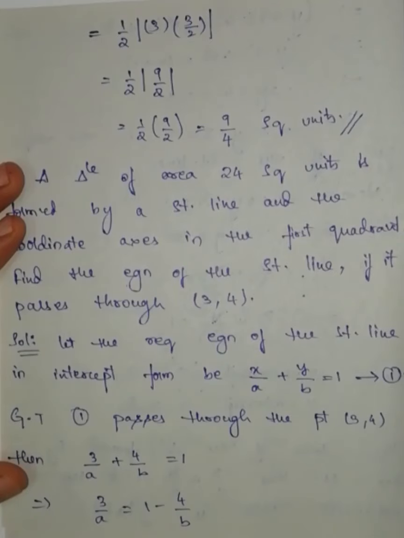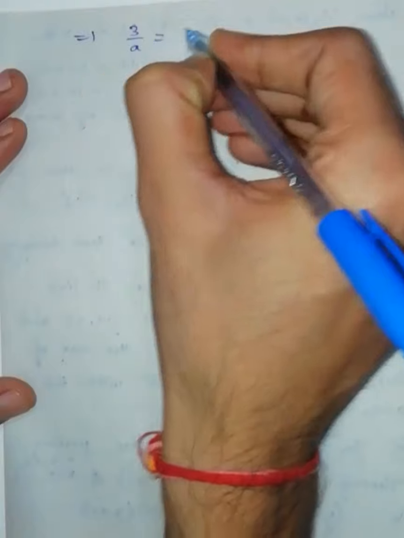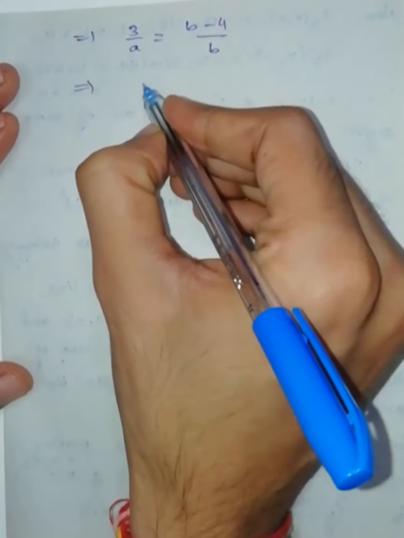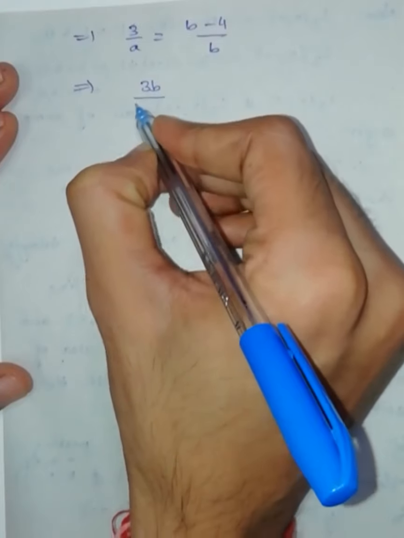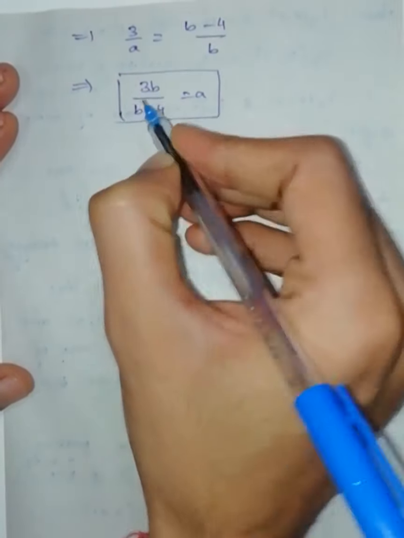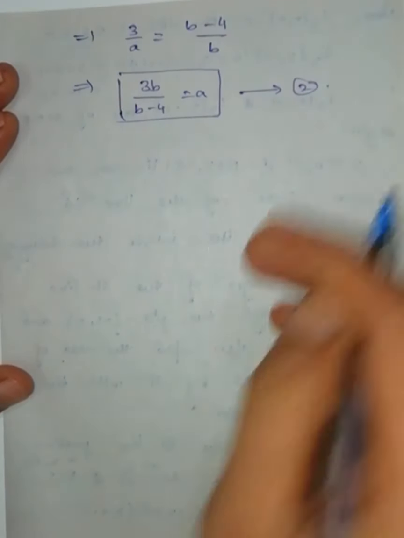Now I am going to take the LCM. So 3 by a is equal to (b minus 4) by b. Now this implies a is equal to 3b by (b minus 4), cross multiplying.